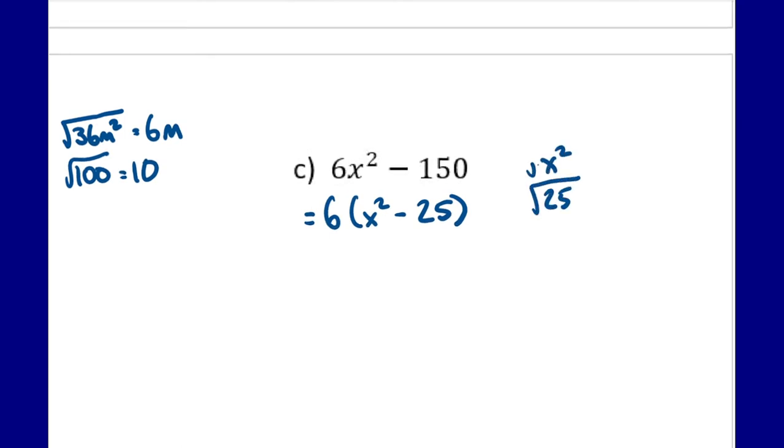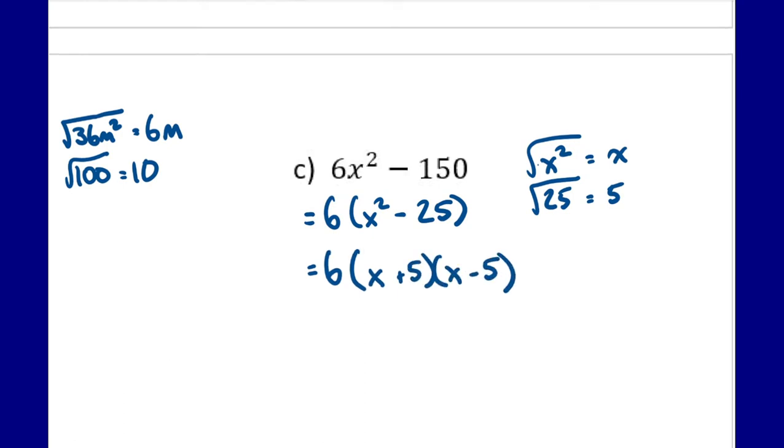Are those perfect squares? Square root of x squared is x, square root of 25 is 5. Those are perfect squares. So I can factor the bracket out, still leaving that 6 there: 6 times x plus 5, x minus 5.